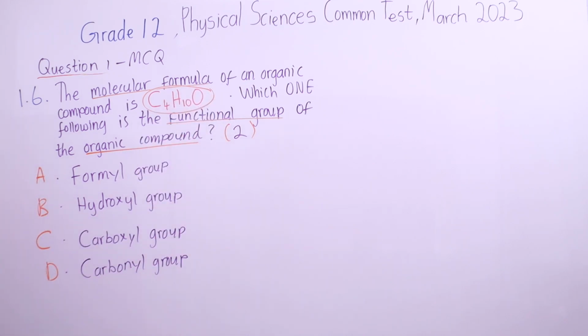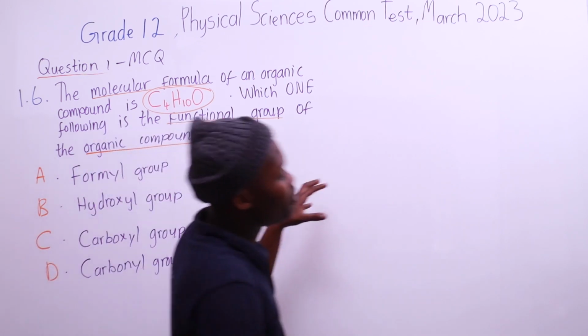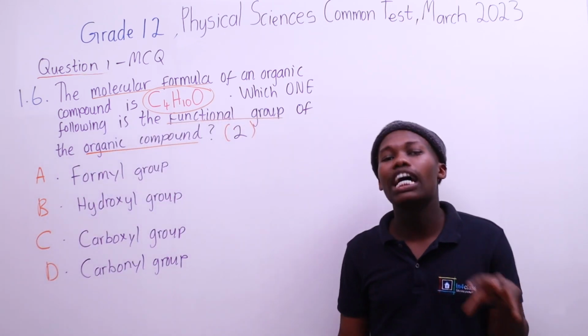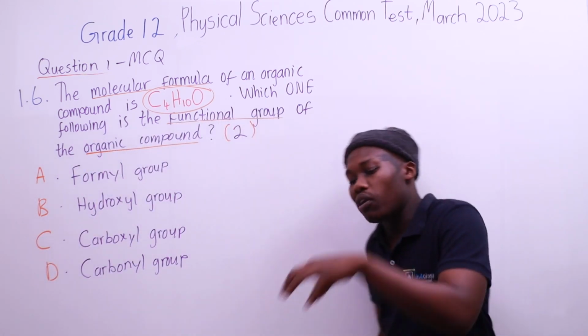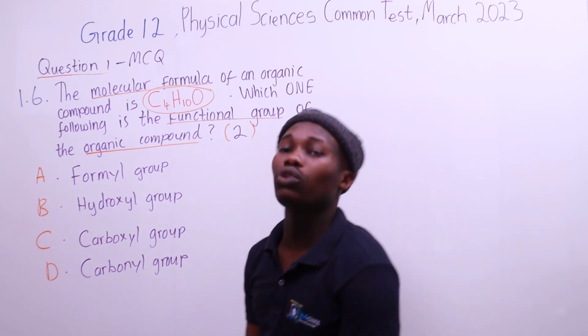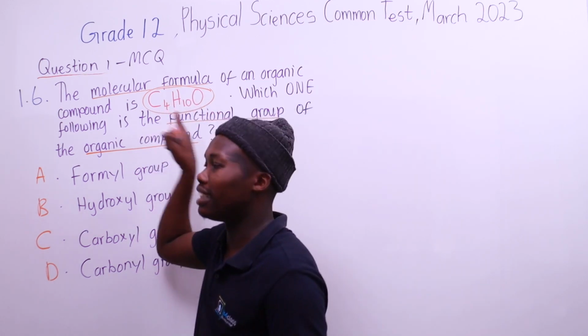C4H10O. Alright. So molecular formula is a formula of compounds whereby the number of atoms of each individual element is expressed as a number.